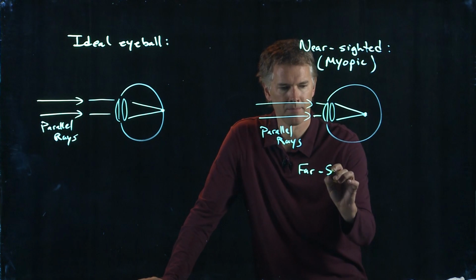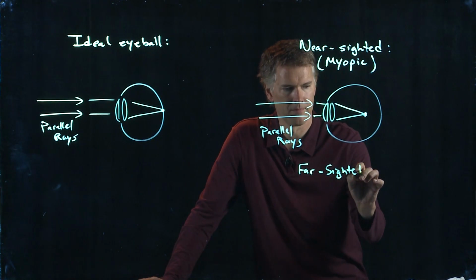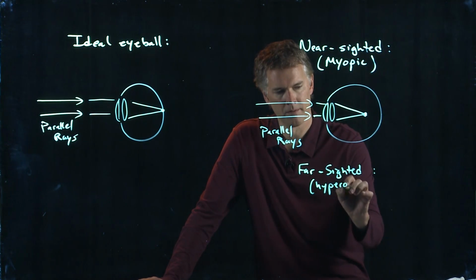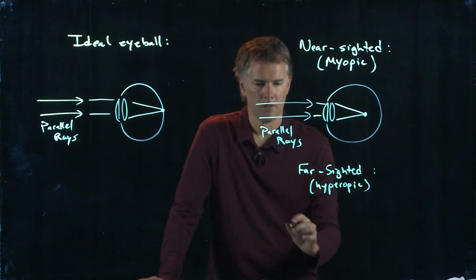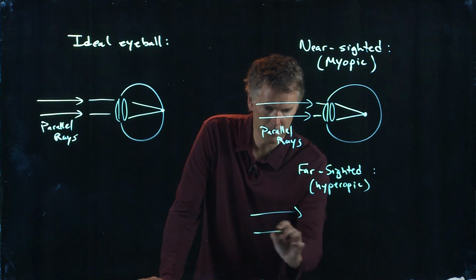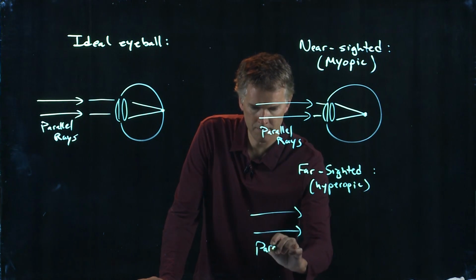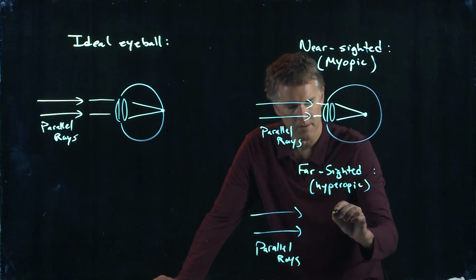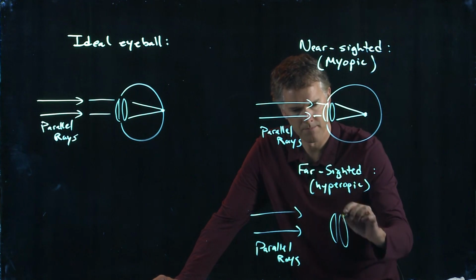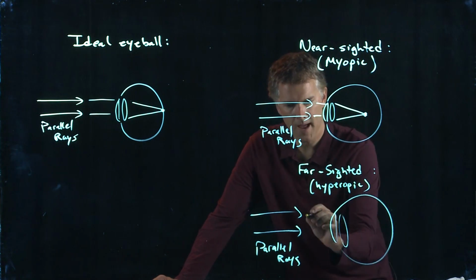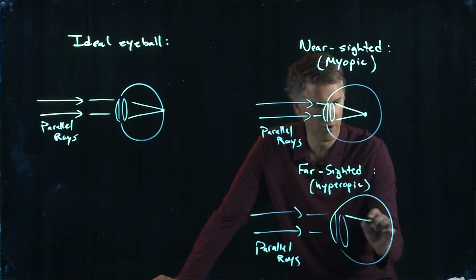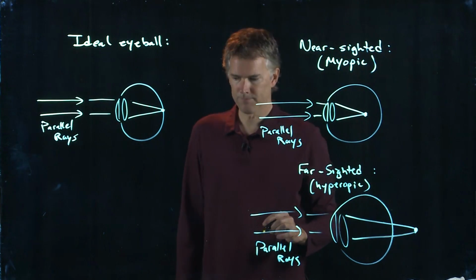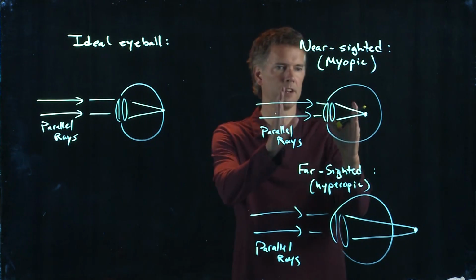Farsighted, which is called hyperopic, means that parallel rays coming in into the eyeball now focus too far behind the eyeball. Okay? This is nearsightedness.